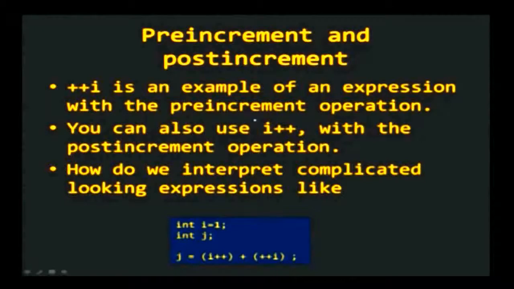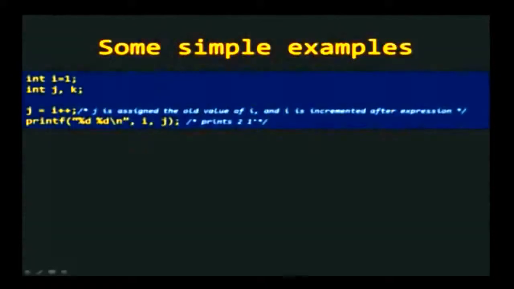Suppose you have int i equal to 1, int j, and then j equal to i++ + ++i. So, what should we expect in this case? Is this allowed behavior? What does it mean? What will be the result which is stored in j?